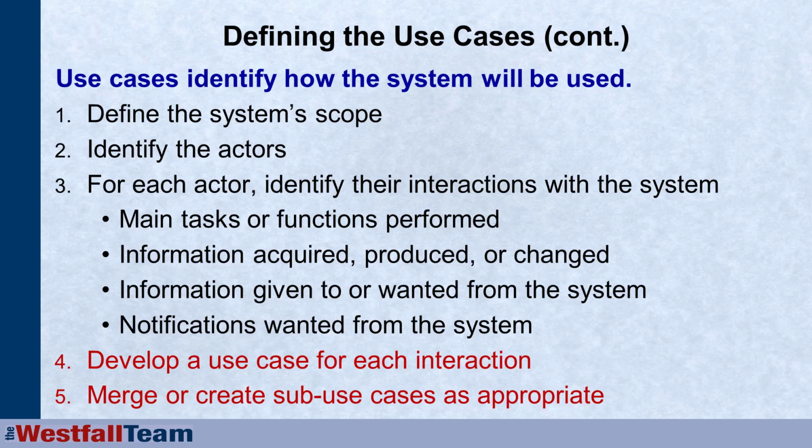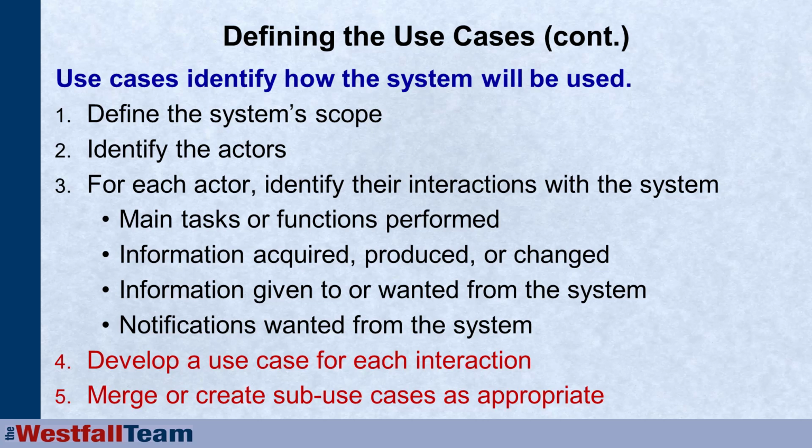For example, the basic steps of selecting your gas, pumping your gas, would be the same whether you're paying out at the pump with a credit card or you're doing a post-pay the attendant. So you might break those out in a sub-use case that's called by the other use cases.